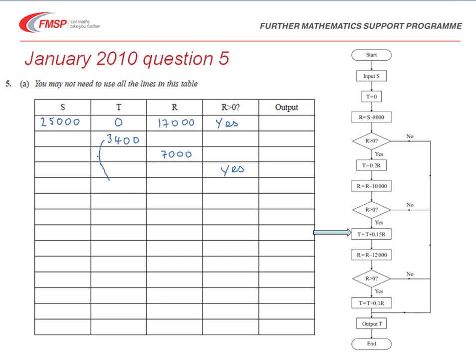We're then adding to that 0.15 times 7,000. So that gives us a value of 4,450.